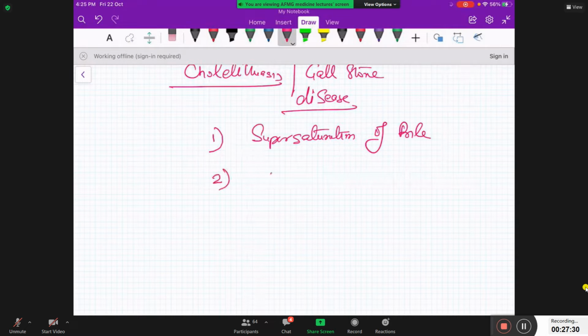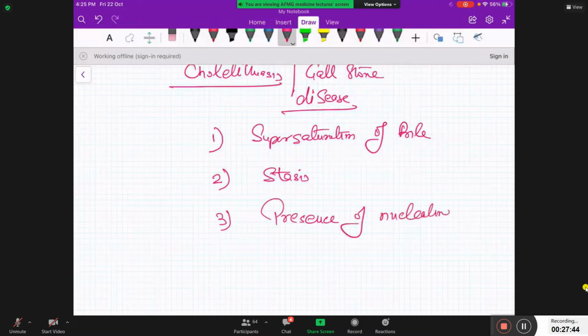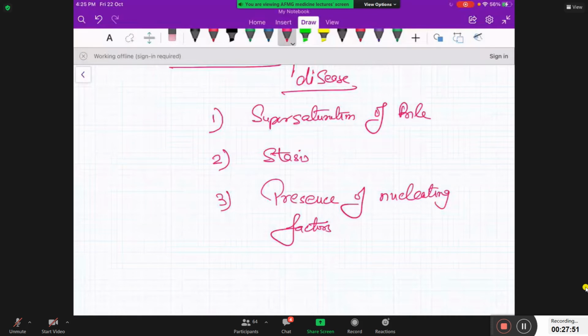Second, whenever there is stasis, then also there will be stone formation. And third, presence of nucleating factors. We don't need to go into the detail of these nucleating factors, but we have to know these two things at least.